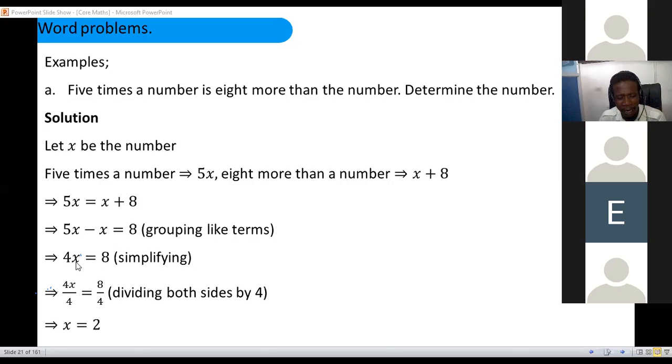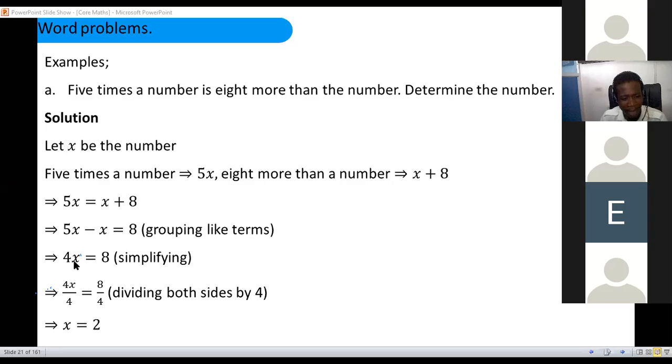Then we are looking for the number. We say the number is x. That means we make x the subject. Making x the subject means the coefficient of the variable x must be positive 1. No other number but positive 1. So over here, x is not having coefficient of positive 1.